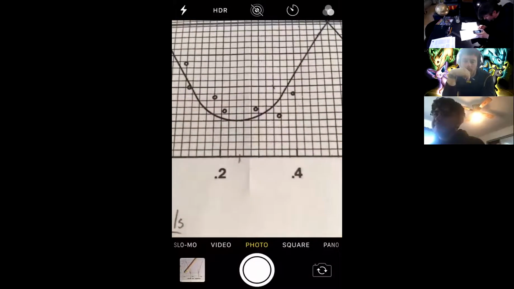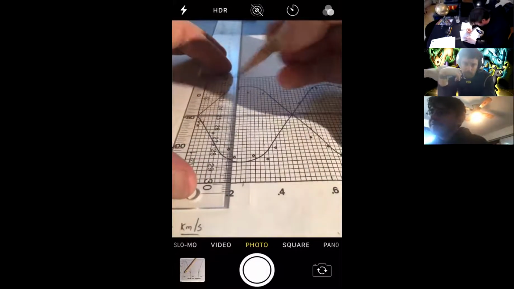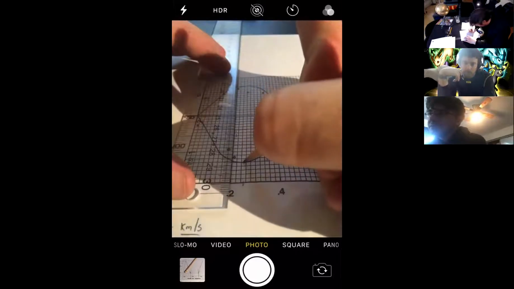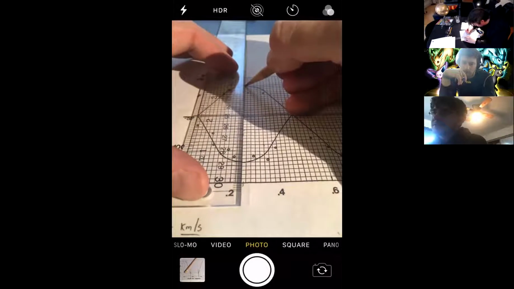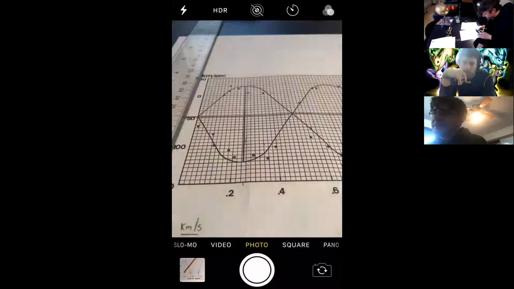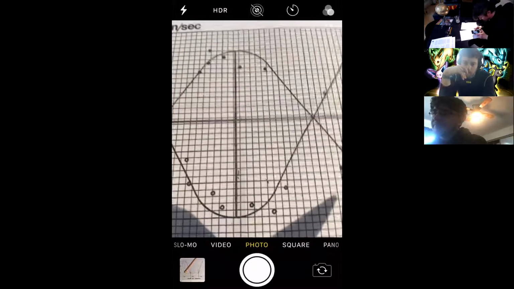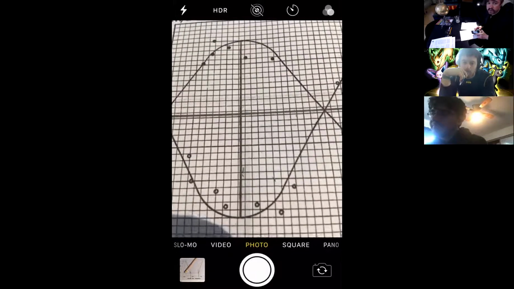And right at 0.25, I want to draw a line that goes from the top to the bottom of this curve, but not further. See that? Notice that I did not go above or below that curve. You guys can follow along with me.